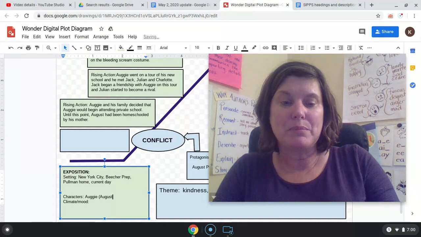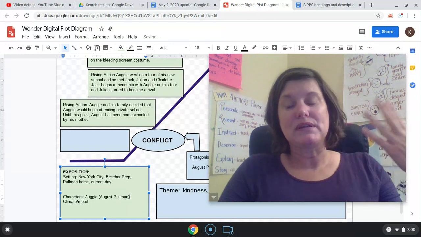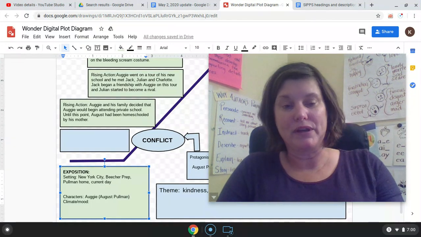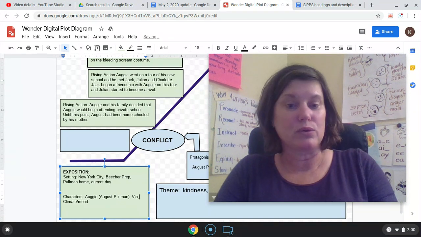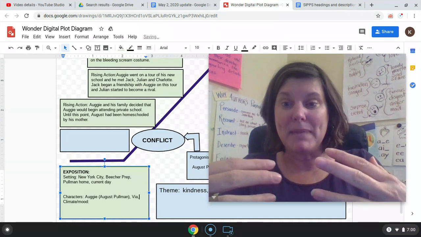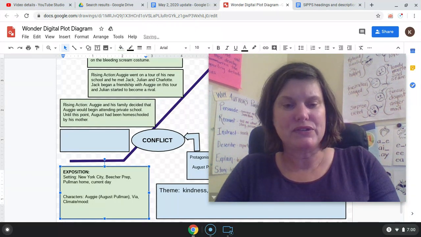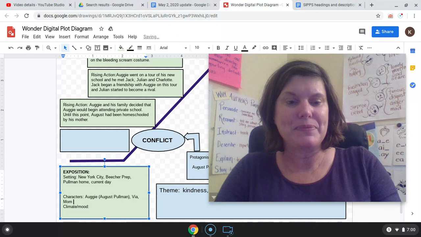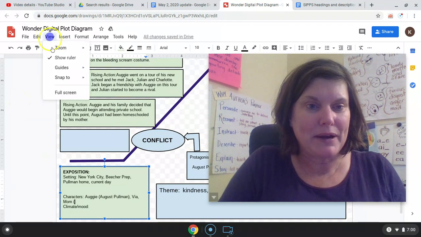And we'll put in parentheses August Pullman, because he's referred to as Augie and August all throughout the novel. Obviously, his sister Via was another really critical, major character in this novel, as are his parents. So we'll say mom. And let me zoom in, guys, so you can see this even better.